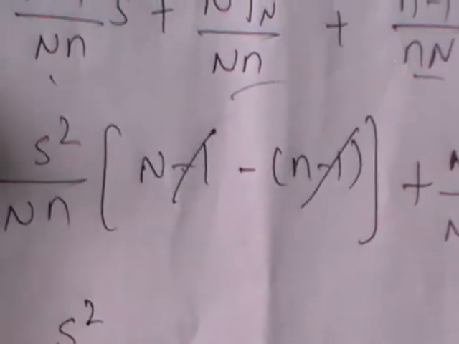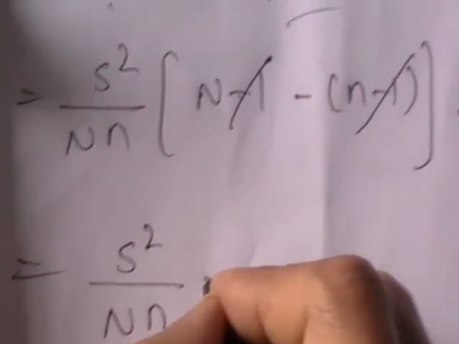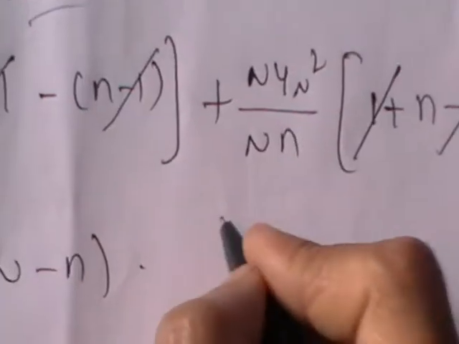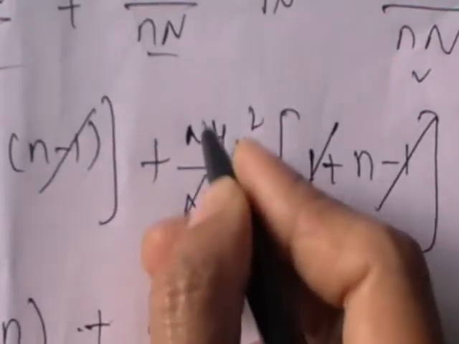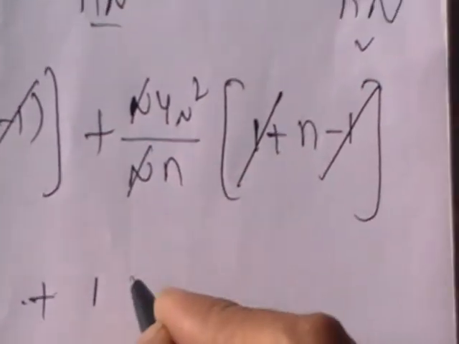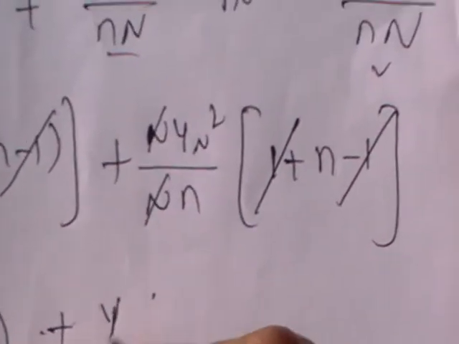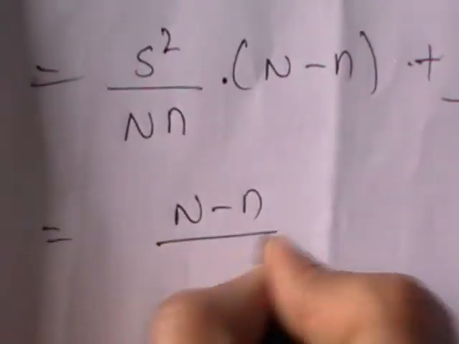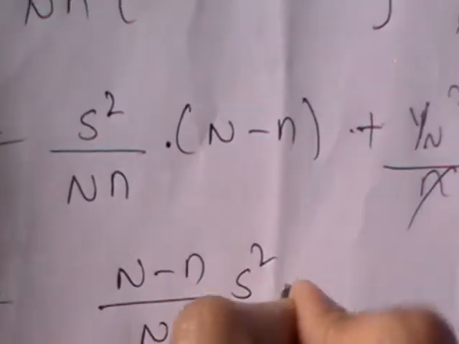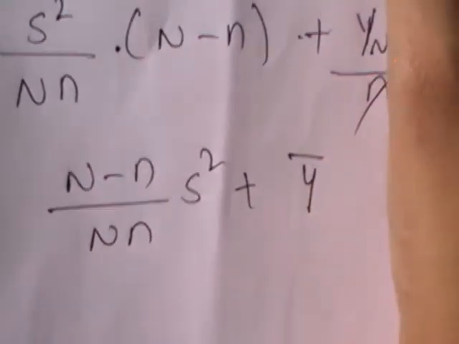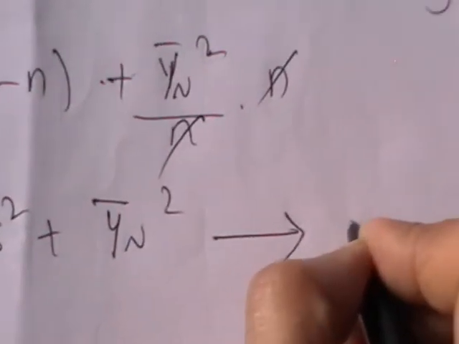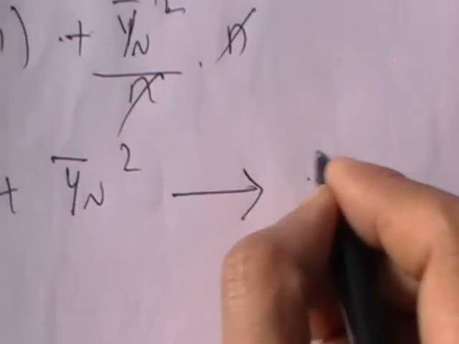S square by nn into n minus n plus nn cancels, and you will get y bar n square by n into n. So here you got n minus n by nn into s square plus y bar n square. Let us name this as equation number 5.